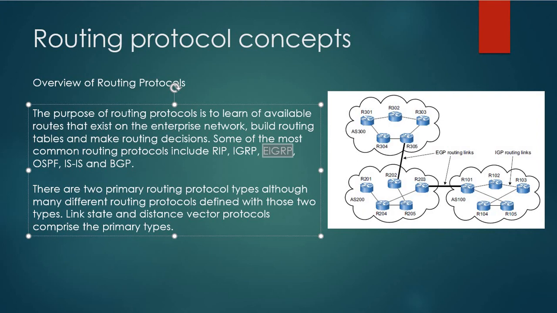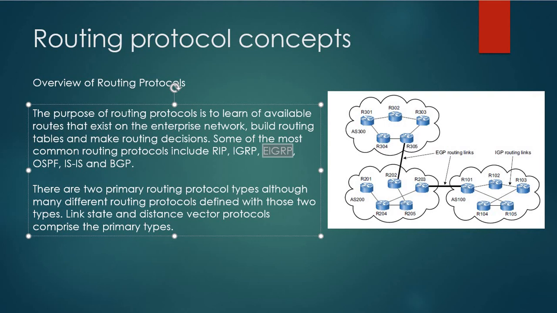Redistribution between IGRP and EIGRP is automatic as well. There is support for a hop count of 255 and variable length subnet masks.